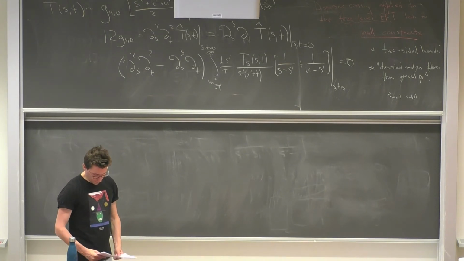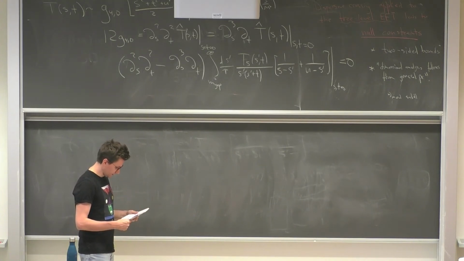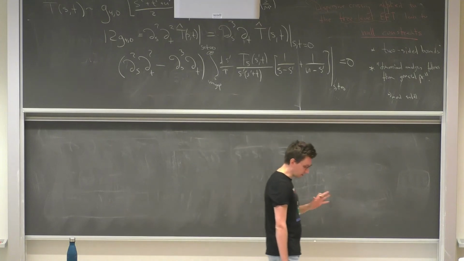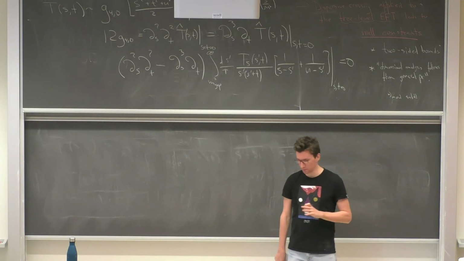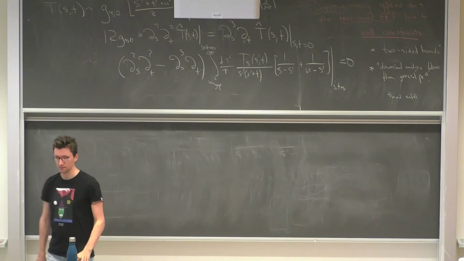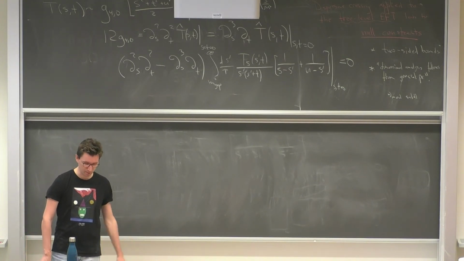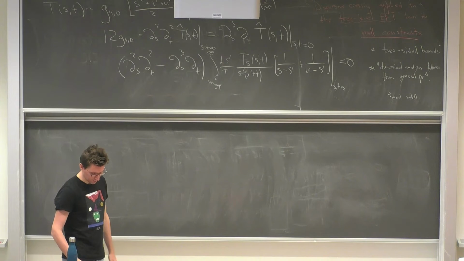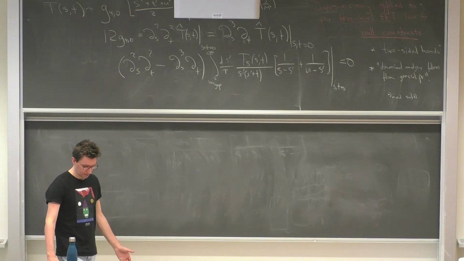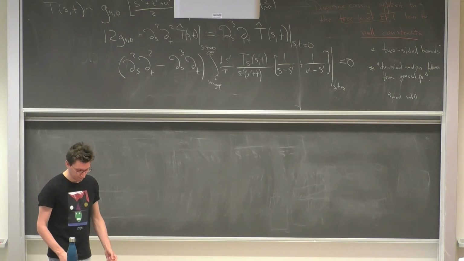Now I want to state another cool fact. So far, everything we discussed in the course was about scalar particles. It could be, say, the Higgs boson or pions, but there are of course very interesting particles which have spin, in particular gravitons and photons.